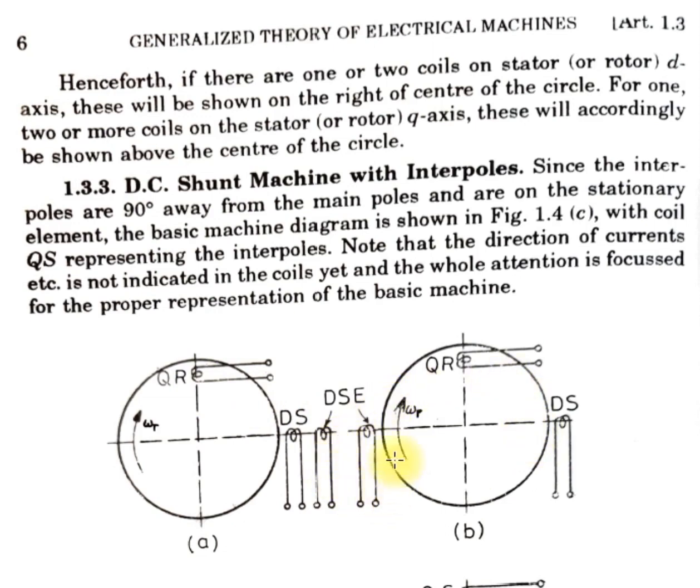We had also seen that the series field winding could be shown on either the right end or the left end, as shown in figure B. But the conventional way is as shown in figure A.